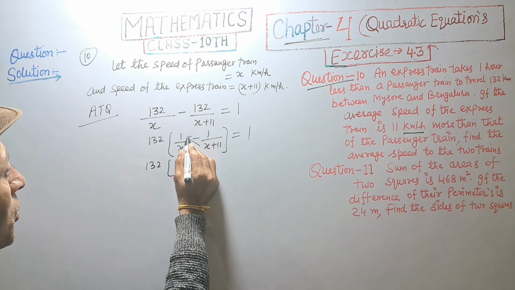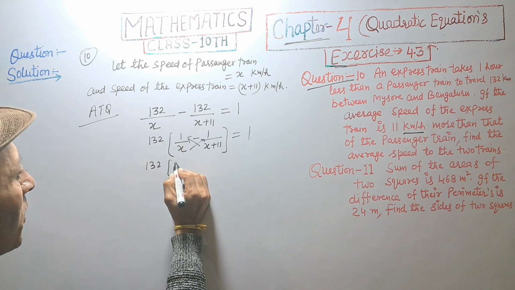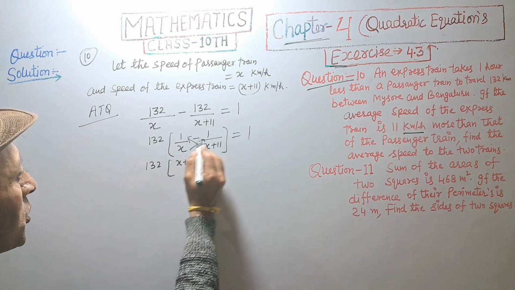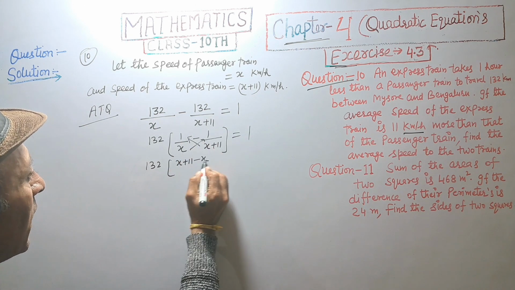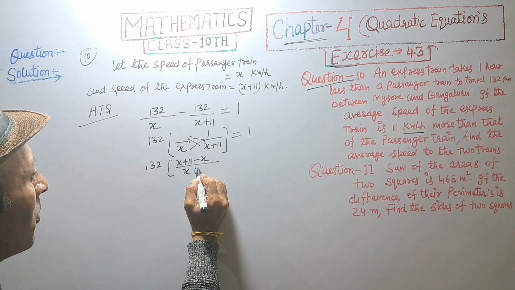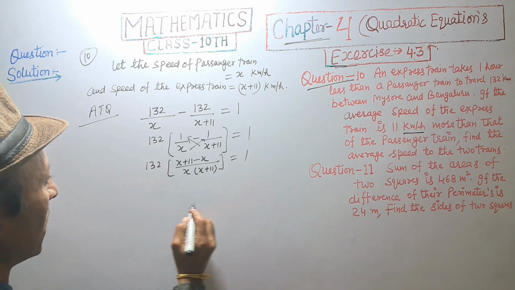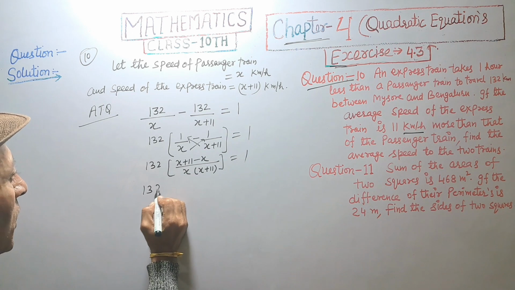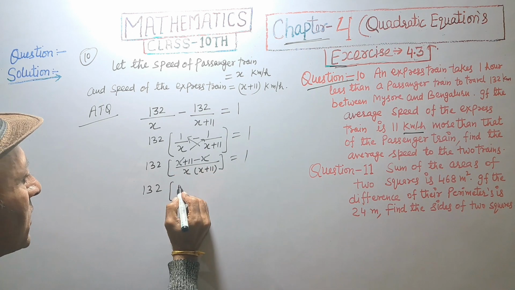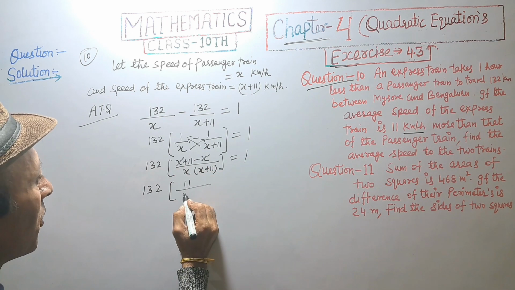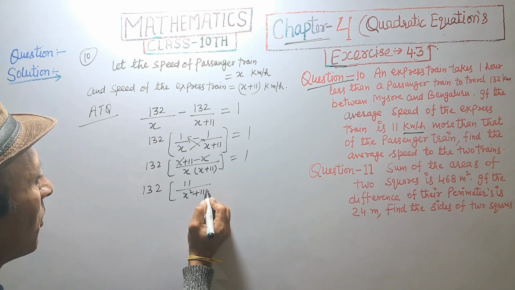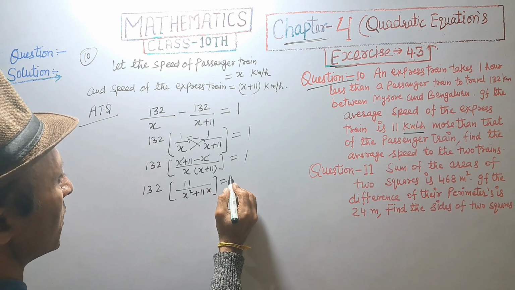Cross multiplying, 11 upon x into x plus 11 is equal to 1. 132 into 11 upon x square plus 11x is equal to 1.